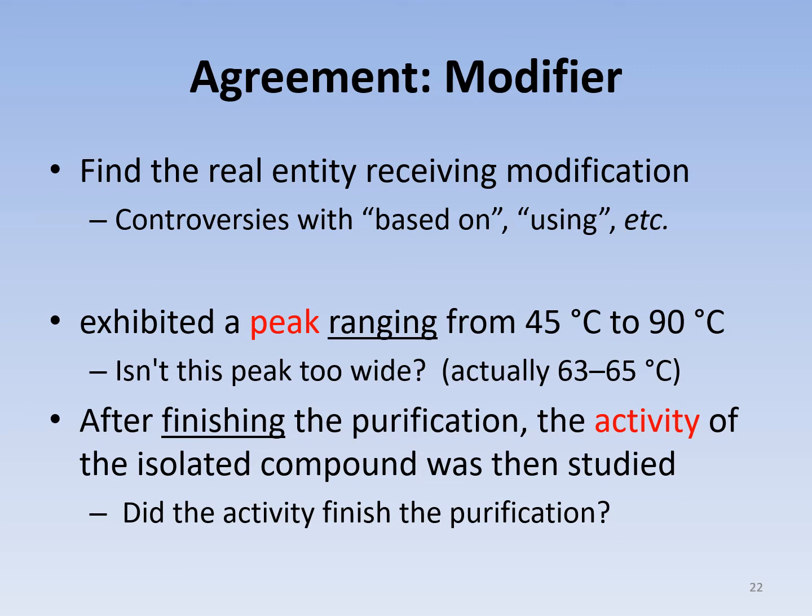Basically, we're having a peak like there, and this peak is actually within this wide range. So this cannot be a modifier of the peak. This is a problem with this sentence.